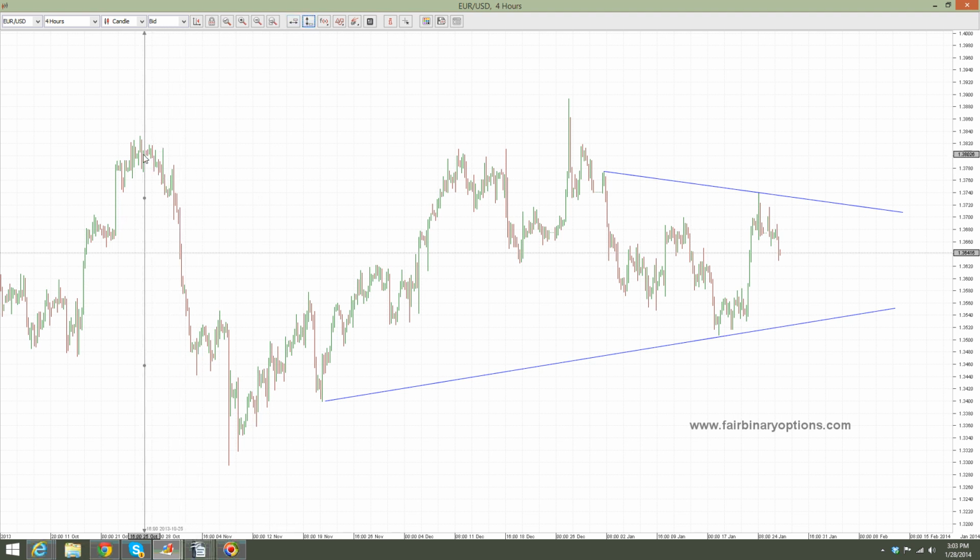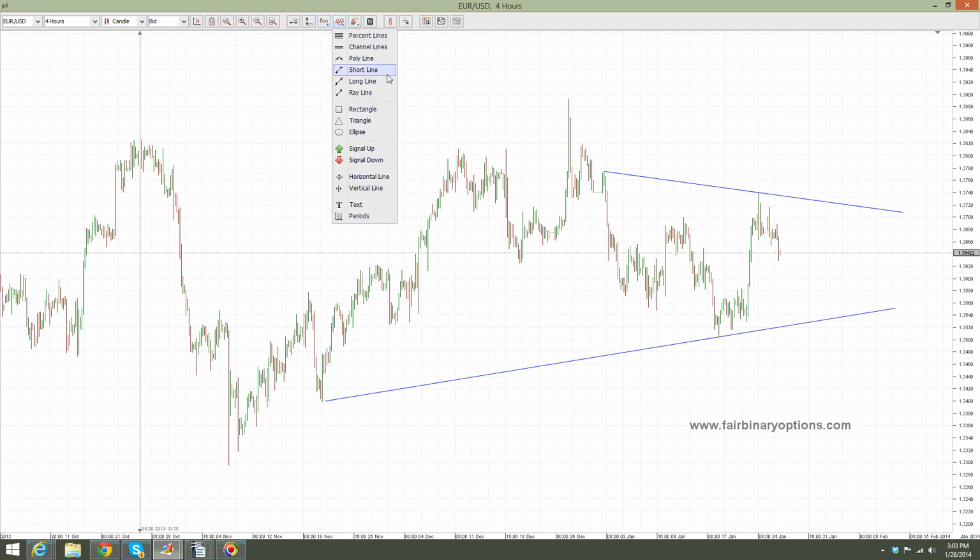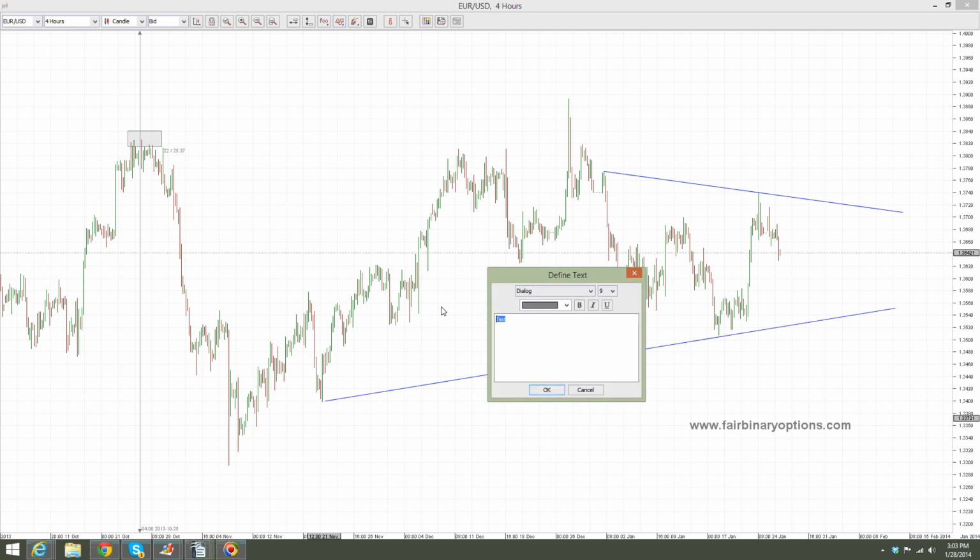The triangle that we are looking for started from this high, and from this moment we are looking for legs of a contracting triangle, which should be labeled A, B, C, D. By the time wave A is completed here, we know what we have to do.